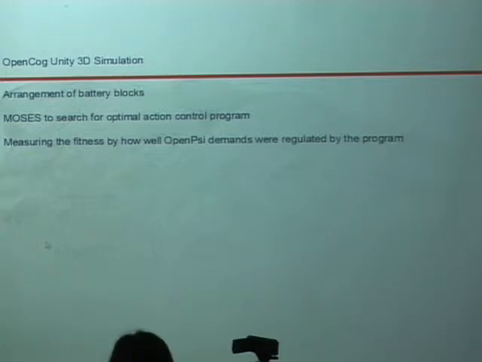In this case, we have the OpenPsi demand regulation, which presents the robot's attributes such as energy and integrity. A potential fitness function would be how well these attributes were regulated by the control strategy while it was consuming these blocks. So I'll show you an illustration here.